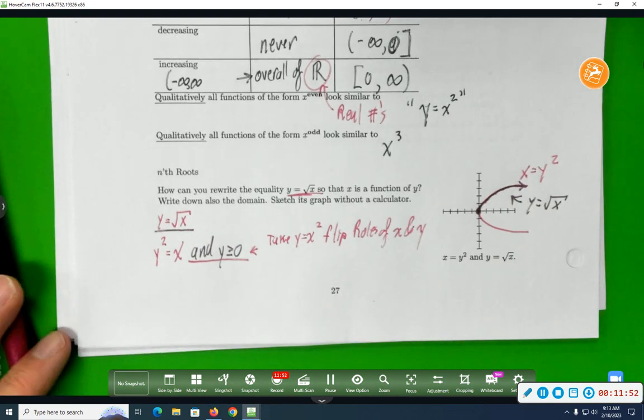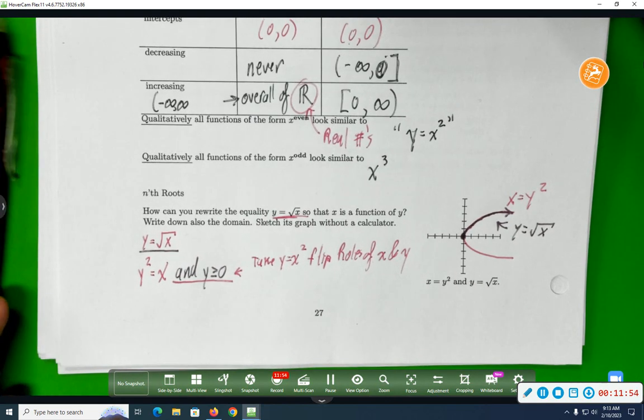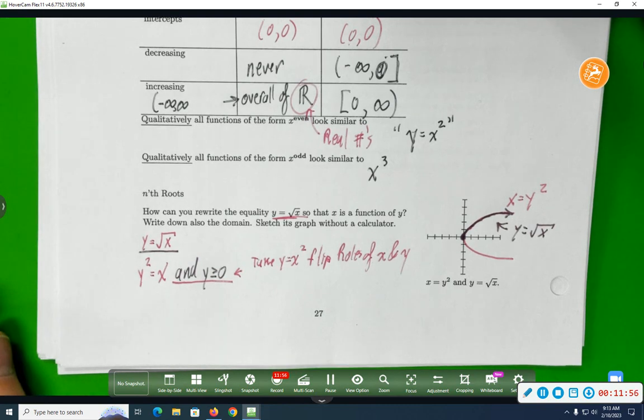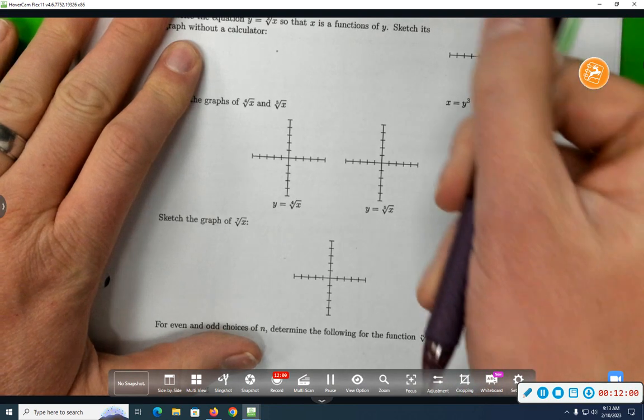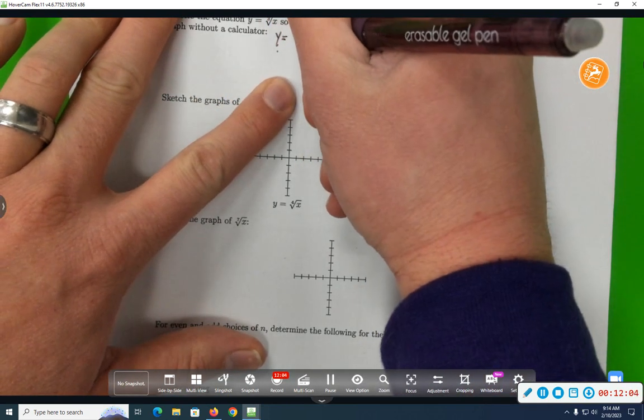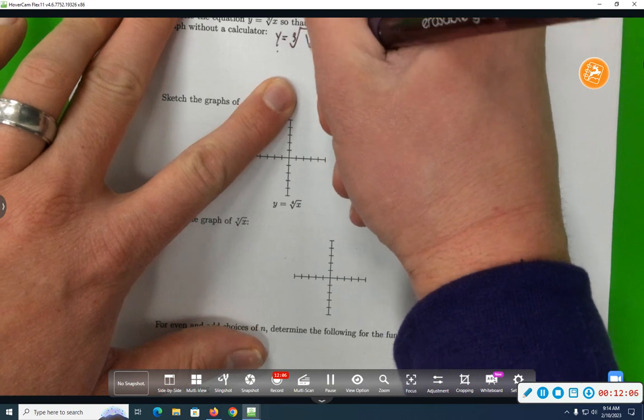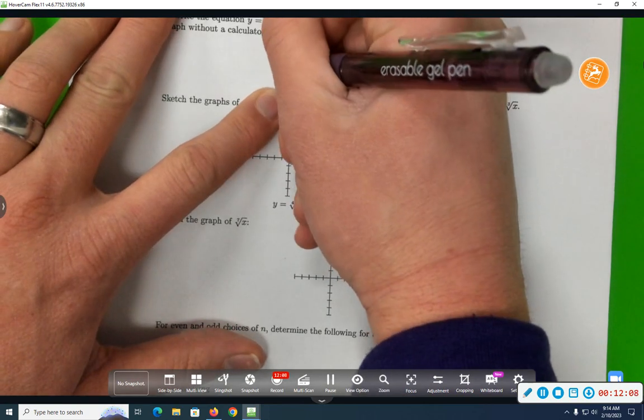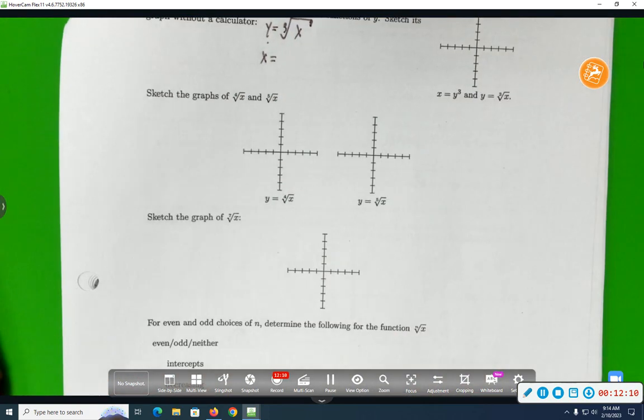All right, do you think we could do something similar for the cube root function? If you were to take y equals the cube root of x and solve that for x, what would you get x equal to?